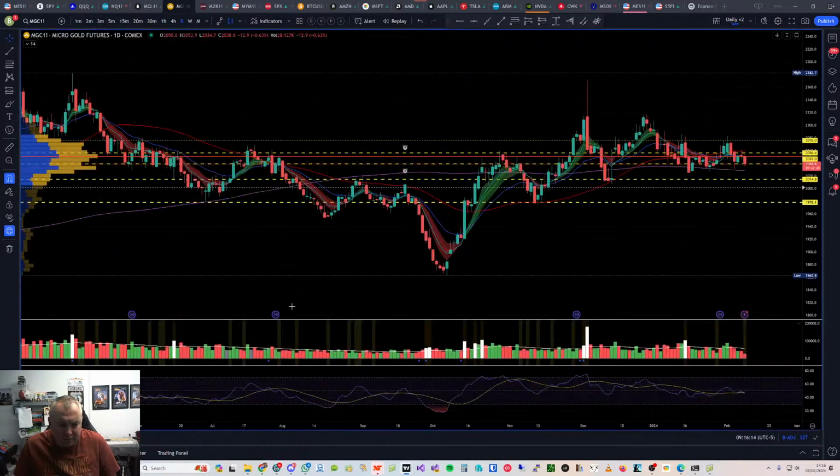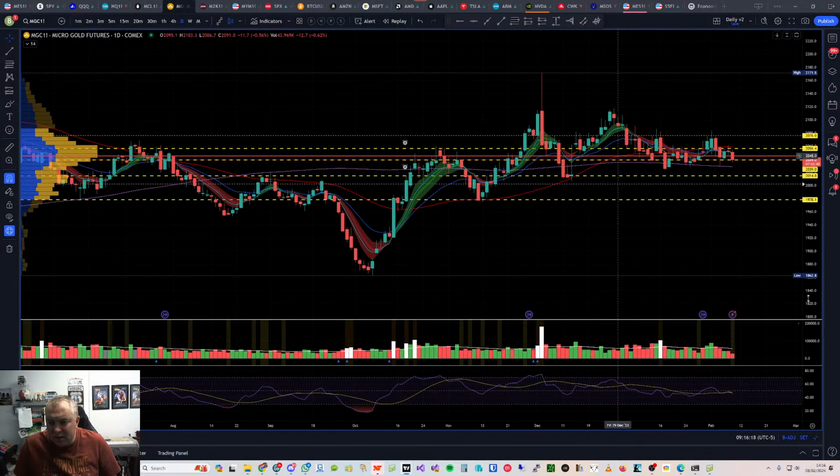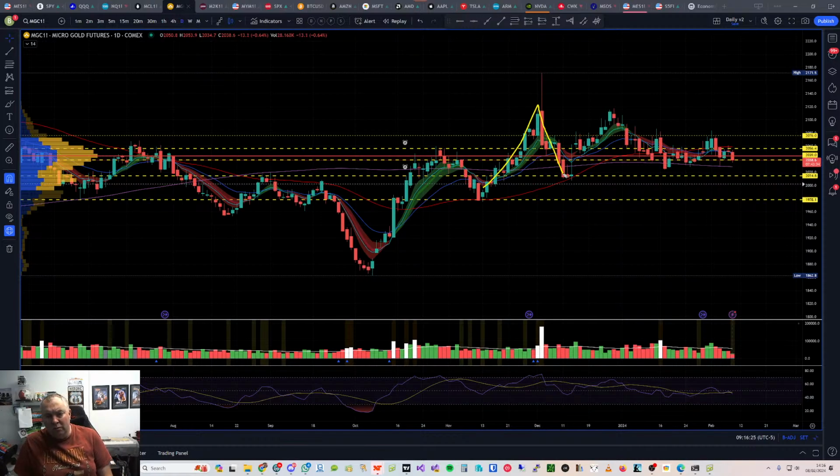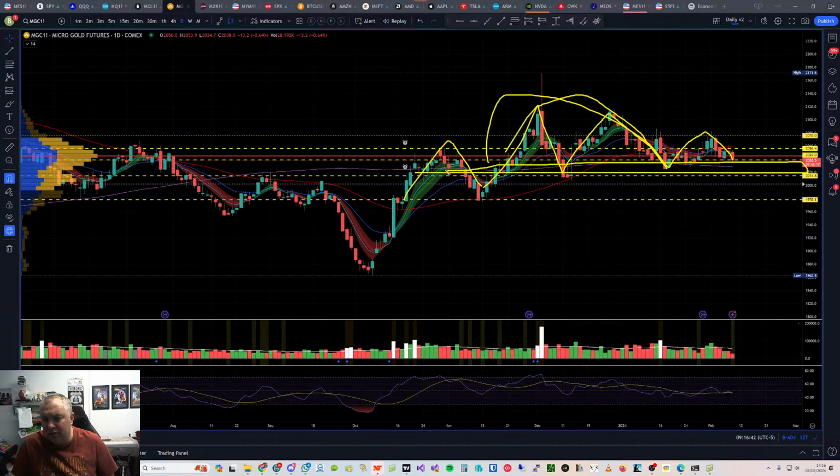Gold next, doing what it's been doing for a while, sideways. Is this a head and shoulders pattern? Left shoulder, I don't really like the fact it's lopsided. Right shoulder, head. You could argue this is the left shoulder, a double head, more of a mutated head and shoulders pattern, with the neckline in this region.